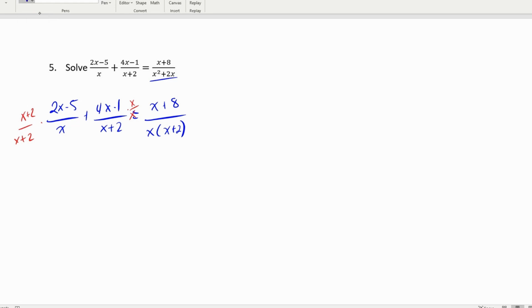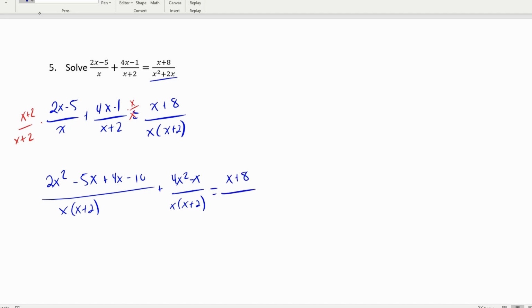So (x plus 2) times (2x minus 5) gets me 2x squared minus 5x plus 4x minus 10, over x times (x plus 2), plus (4x squared minus x) over x times (x plus 2), equals (x plus 8) over (x plus 2) on the right.